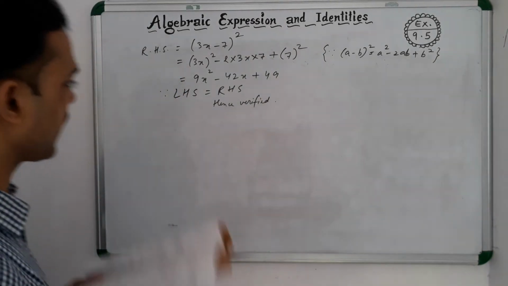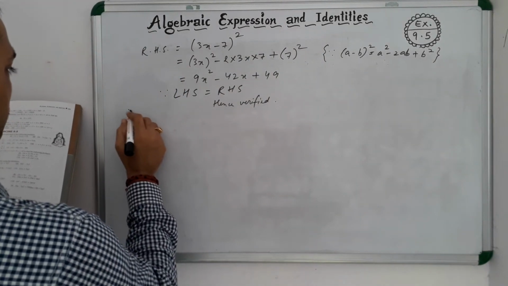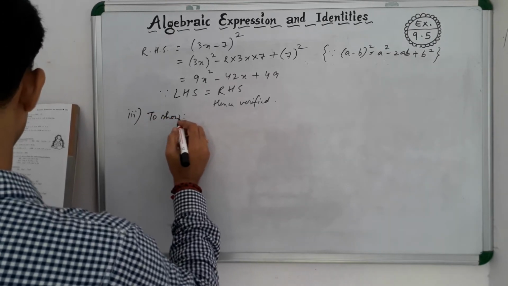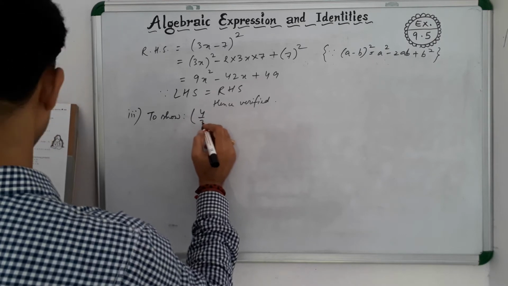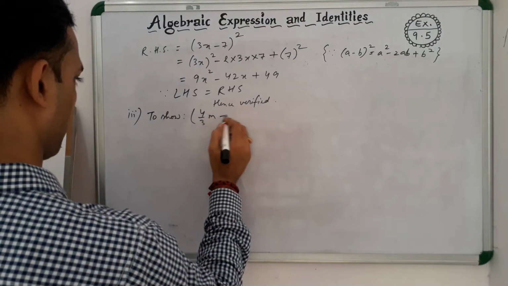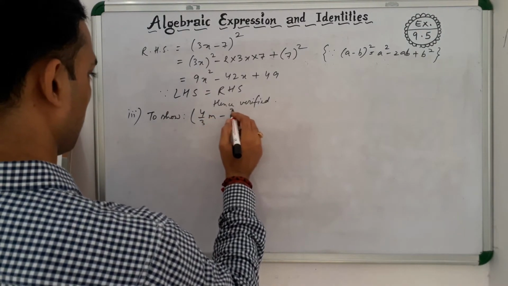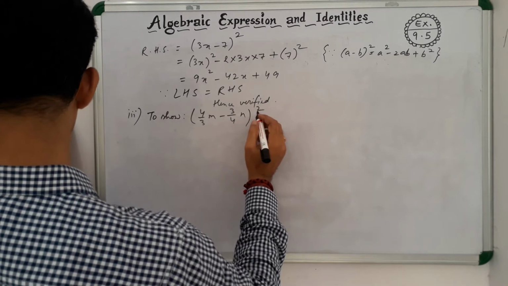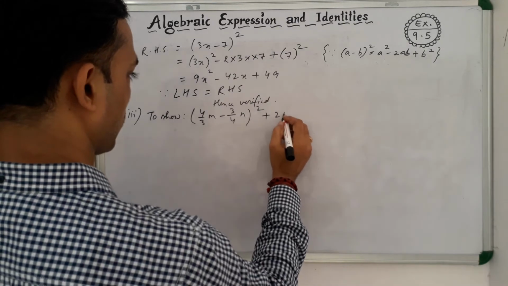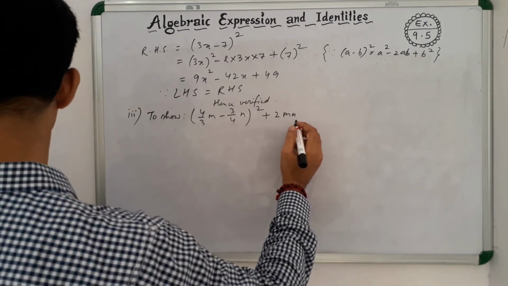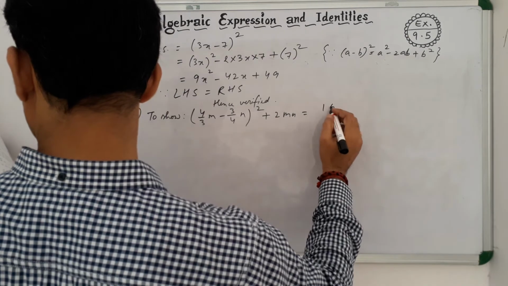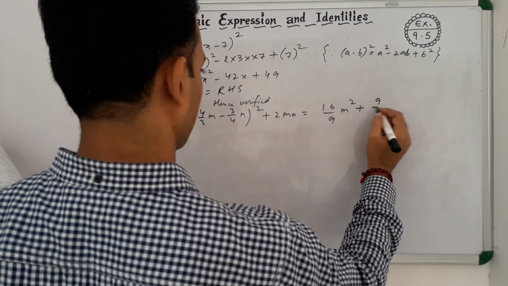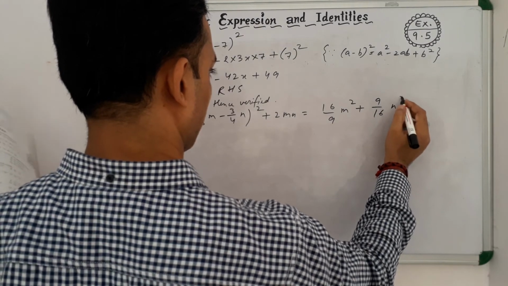In the third part we have to show that (4 by 3 m minus 3 by 4 n) whole square plus 2mn equals 16 by 9 m square plus 9 by 16 n square.